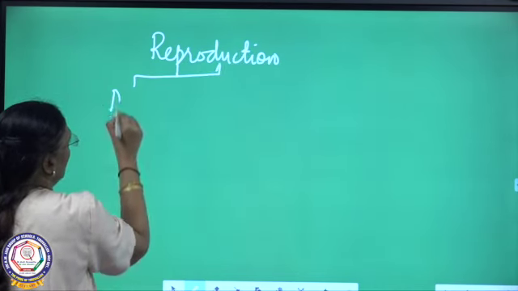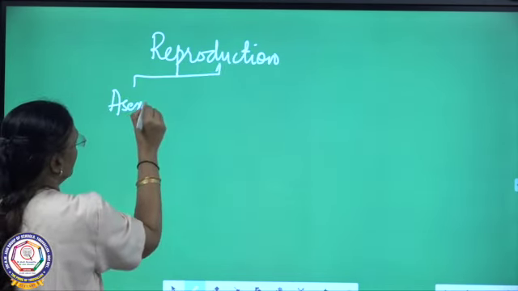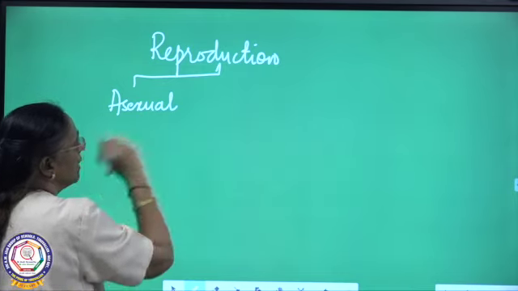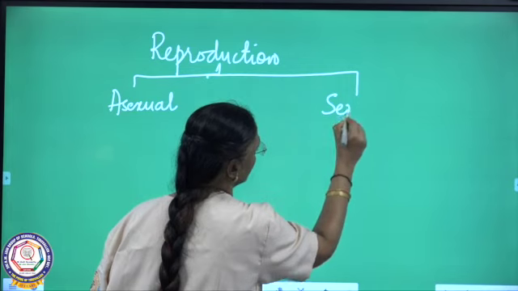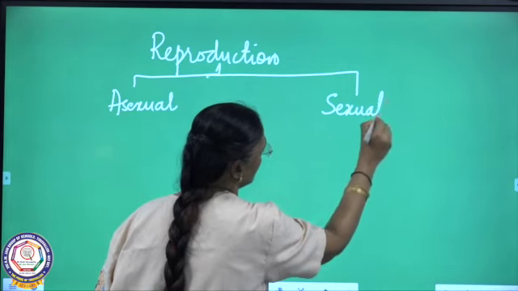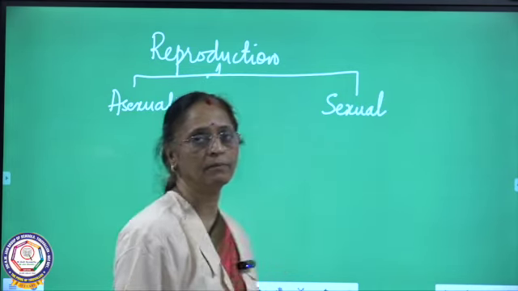One, asexual, and the second mode of reproduction is called sexual.